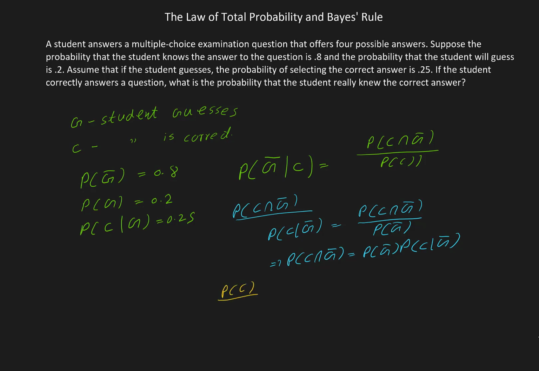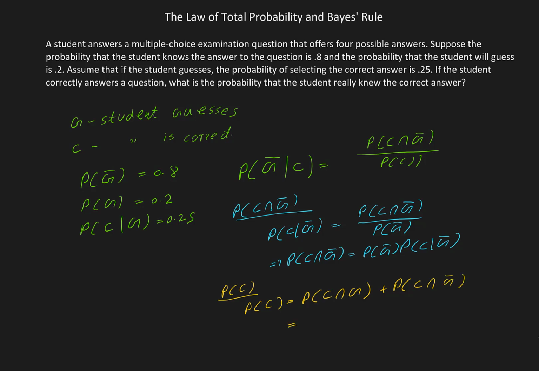Then let me explain the next one, the probability of C. So the probability of C is correct, right? There are 2 groups, you know that, guessing and knowing the answer, right? So therefore the probability of C equals the probability of correct and guessing plus the probability of correct and knowing the answer, which means not guessing.